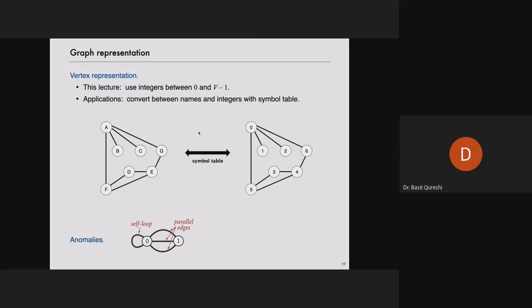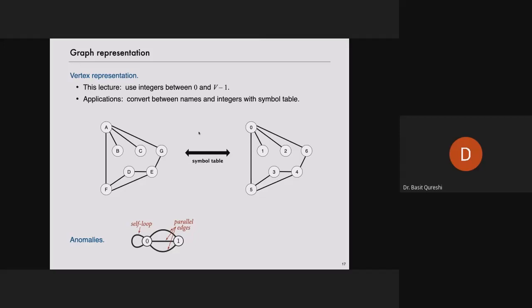Another thing to understand is self-loops. The graphs that we're looking at are called undirected graphs because there's no direction. Self-loops are not allowed. 0 cannot point to itself. The same goes for multiple parallel edges between two vertices.